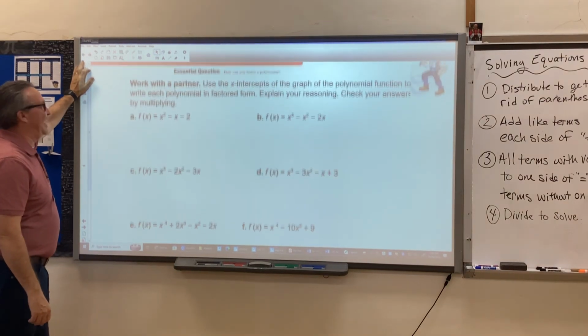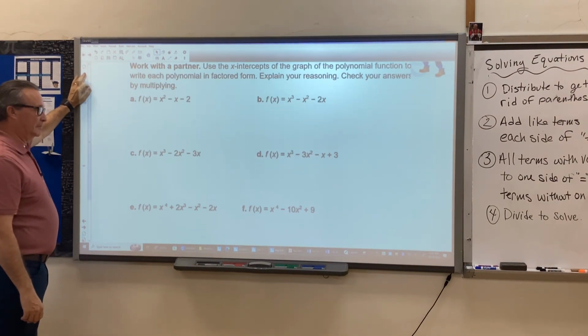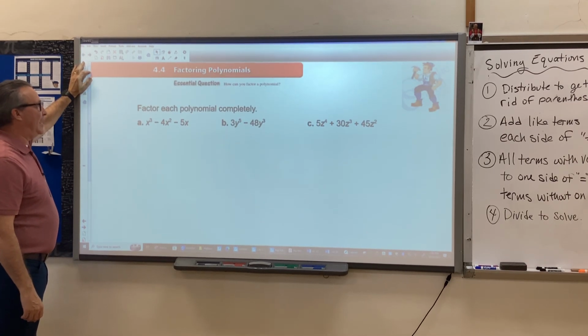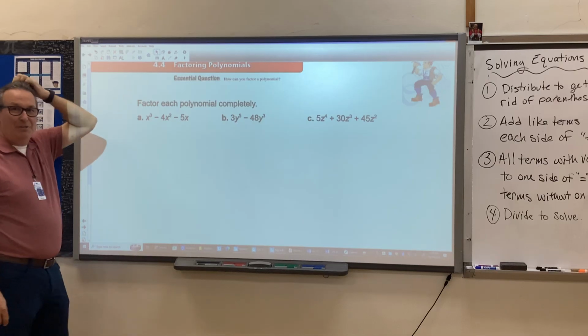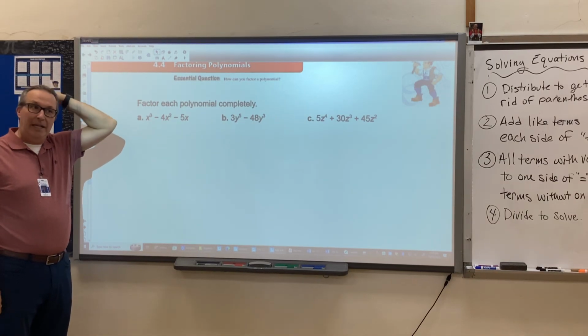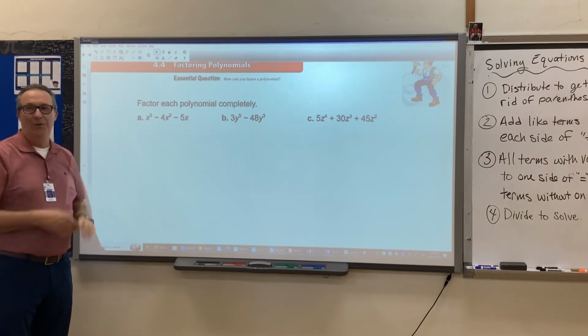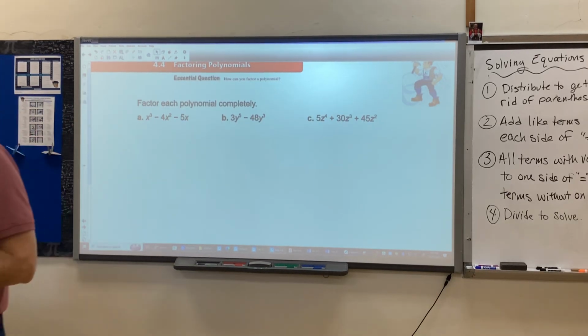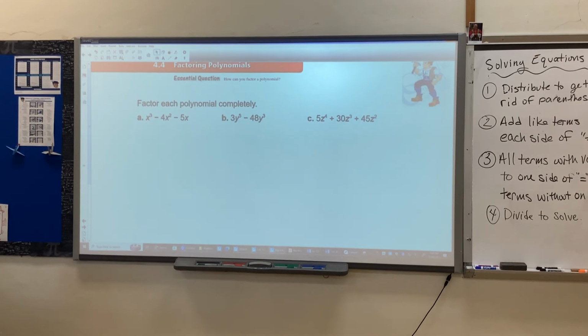Okay, so going on to the next thing. Factor each polynomial completely. You guys want to try this? See if you can do it? It's kind of fun to do. Nothing like doing a little math to wake you right up.